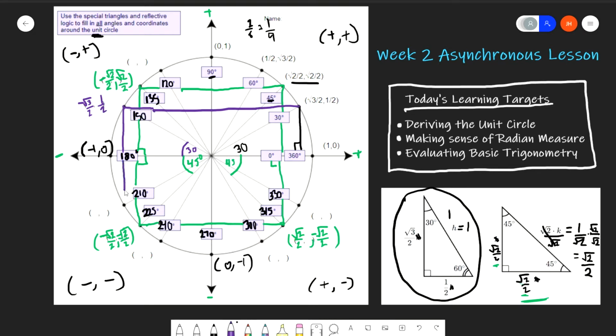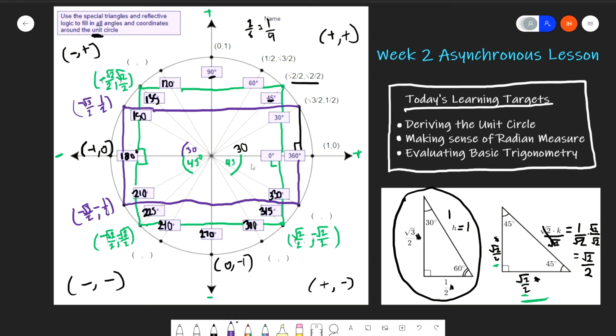Over here at 210, that is 30 degrees more than 180. It is negative negative, so it's going to be negative root 3 over 2, comma negative 1/2. And then finally, we have across here 330. That's a 30-degree angle less than 360, right?